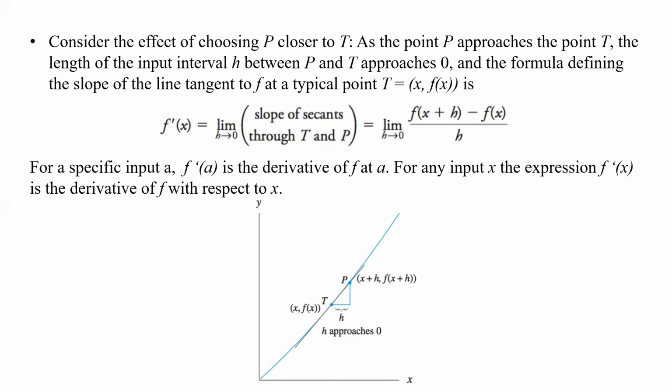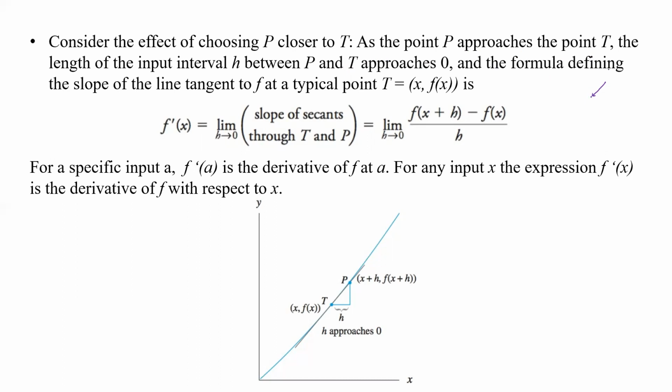If we consider the effect of choosing P closer and closer to t, as P approaches the t point, the length of the interval h is going to approach 0. So we're trying to get point t and point P on the graph to look like that, but we're going to shrink that down until it's basically almost 0, as close as we can.